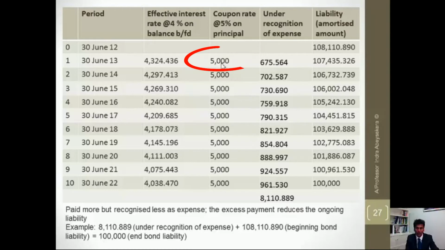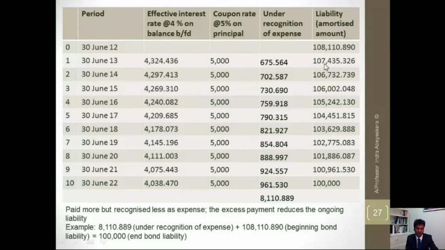So the company is now paying more than what the market expects. So the difference decreased the liability. The difference is 675.564, and that decreases the liability, and the new liability becomes 107,435.325.